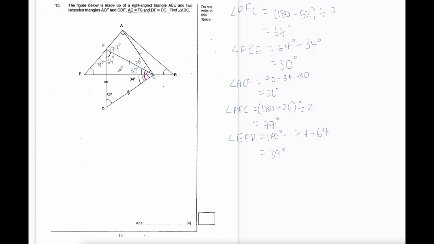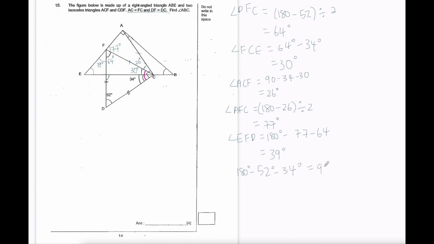Okay, so we need to find out what this angle is. Then after that we can use vertically opposite angles to find out what this angle is. So how to find this angle? This angle is just 180, because angles in a triangle add up to 180, minus 52 degrees minus 34 degrees.